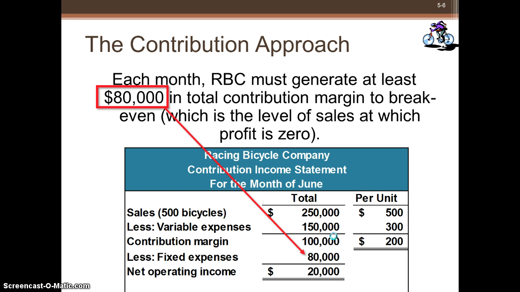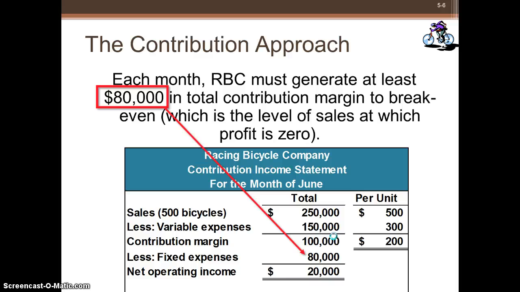You'll notice that each month, Racing Bicycle Company must generate at least $80,000 in contribution margin to break even. Break even is the level of sales at which profit equals zero. So if Racing Bicycle Company's contribution margin was $80,000, given the fact their fixed cost is $80,000, their net operating income would be zero.